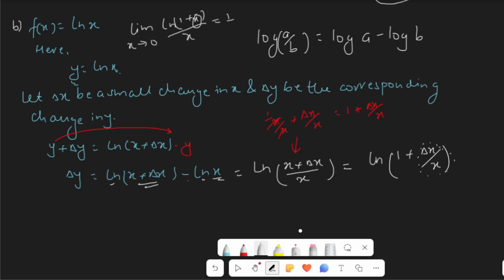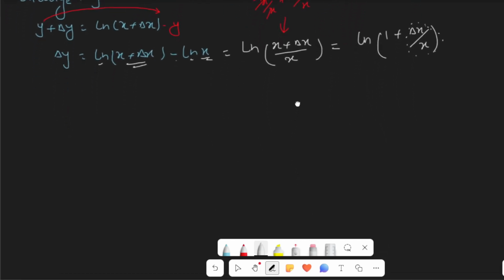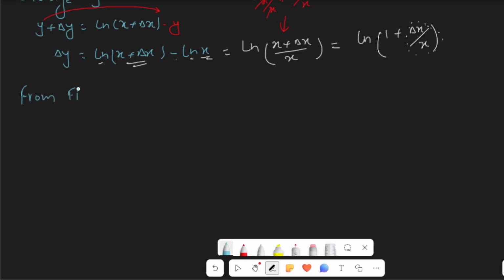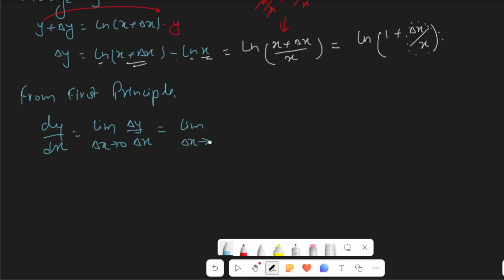So now, we apply first principle. From first principle, dy by dx is equal to limit delta x approaches 0, delta y divided by delta x. This is delta y.